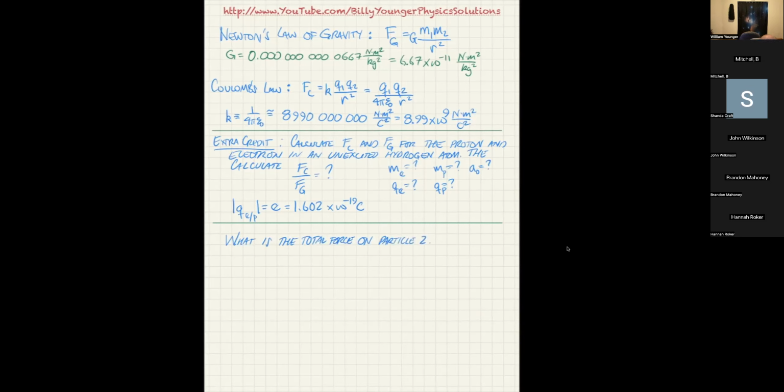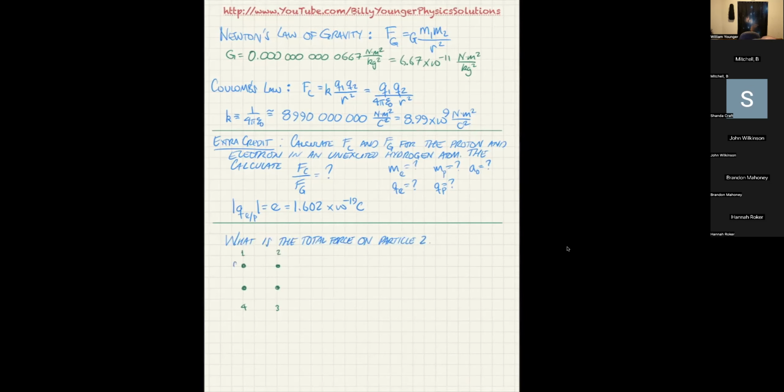Okay, so let's draw our particles. I'm going to say there's a particle right here, and a particle right here, and a particle right here, and a particle right here. This one I'm calling 1, this one I'm calling 2, this one I'm calling 3, and this one I'm calling 4.